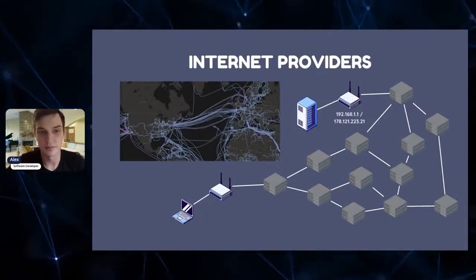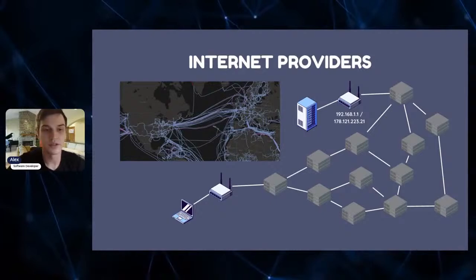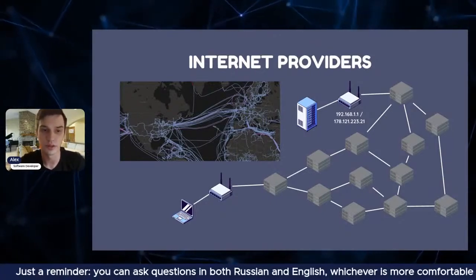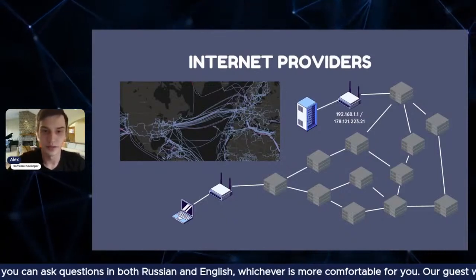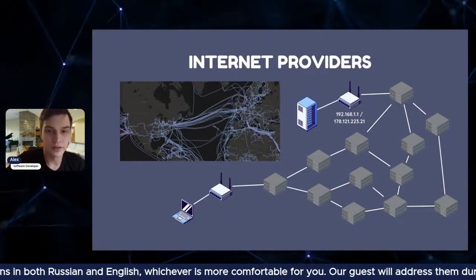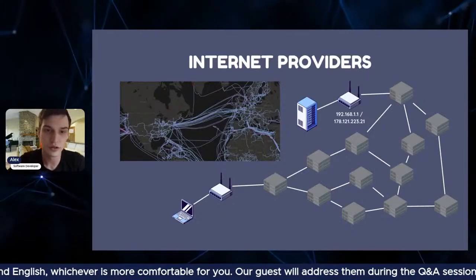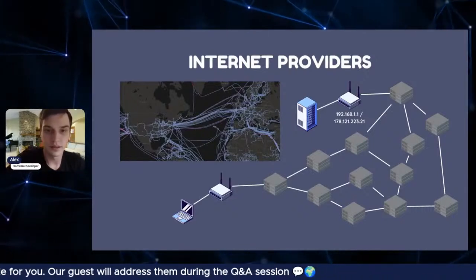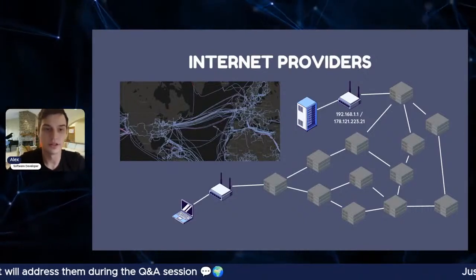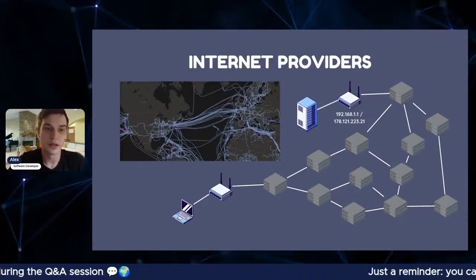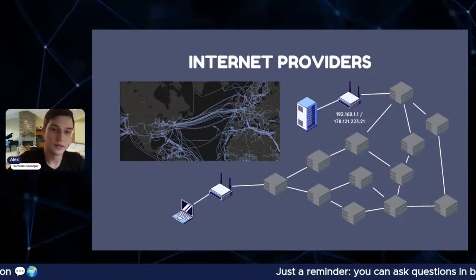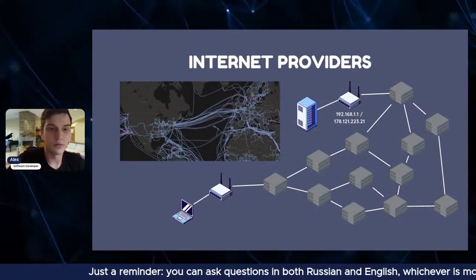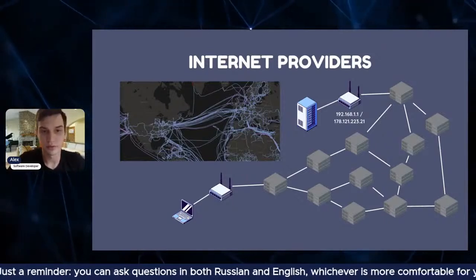So, okay, we have an IP address, but we need the IP address not of the server. We actually need the IP address of its router. And as we can see here, the router has two IP addresses. The first is the usual LAN IP address of the router, and the second is the global IP address. If someone is in the local network of the router, to communicate with this router he uses the local IP address of the router.